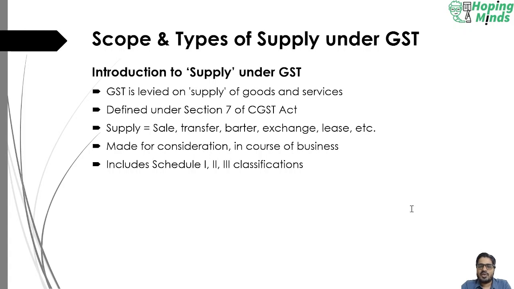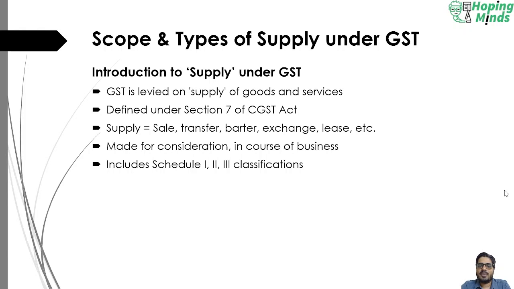Then we also learned about the CMP08 return, that is the return for composition dealers, where the composition dealers can pay taxes at the rate of 1% or 3% or 5% or 6% based on the type of supplies they are executing if their turnover has not exceeded rupees 1.5 crores or 75 lakhs in some special category of states.